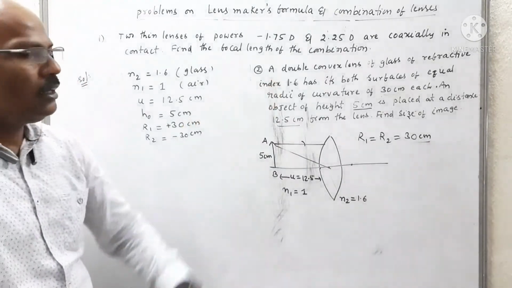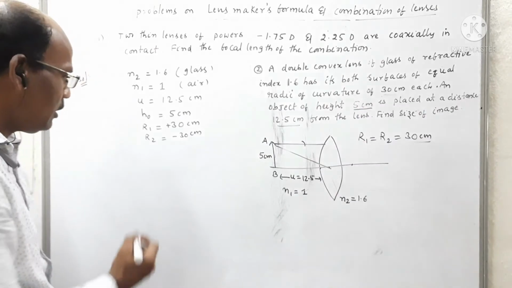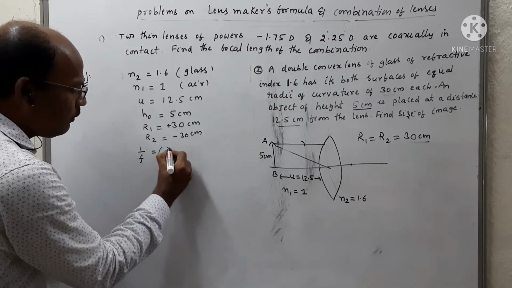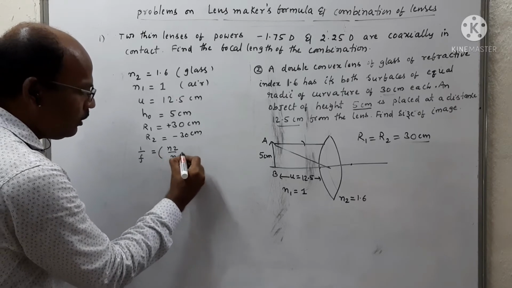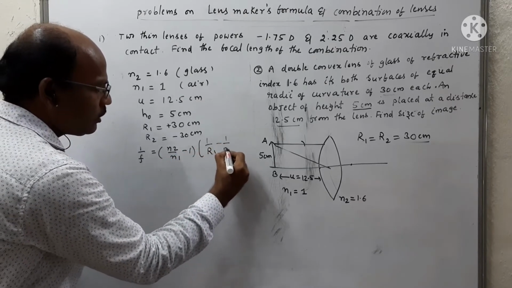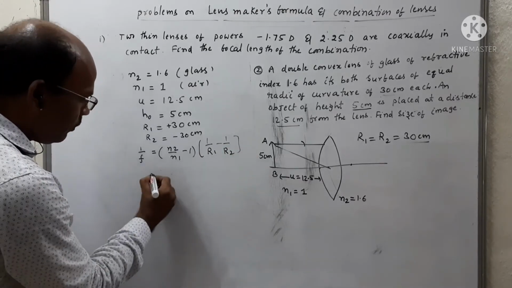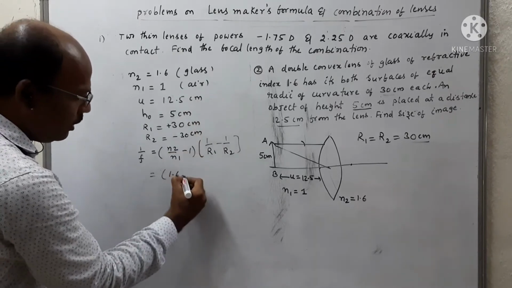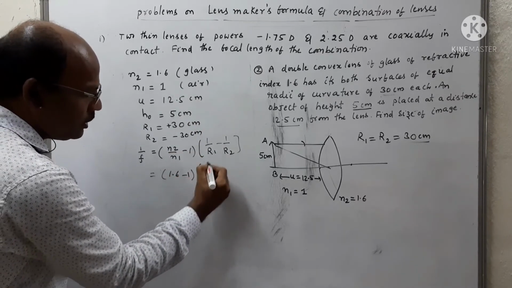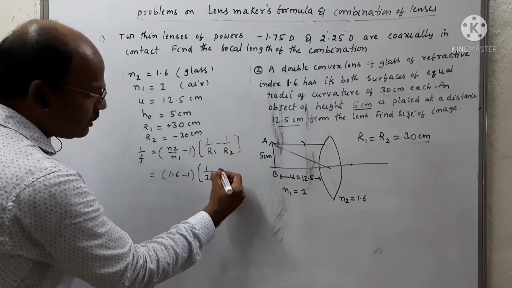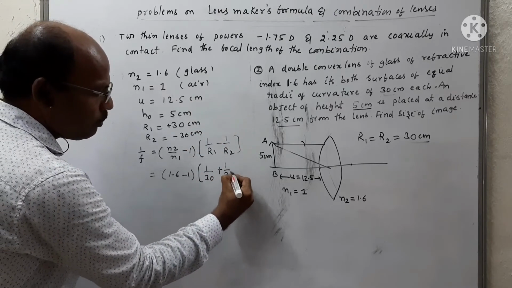So first find the focal length of the given convex lens from the Lensmaker's formula. The Lensmaker's formula is 1 by f equals N2 by N1 minus 1, times 1 by R1 minus 1 by R2. So N2 means 1.6, N1 means 1, so minus 1. So this is 1 by 30 minus R2, which means minus minus 30, so minus minus becomes plus.